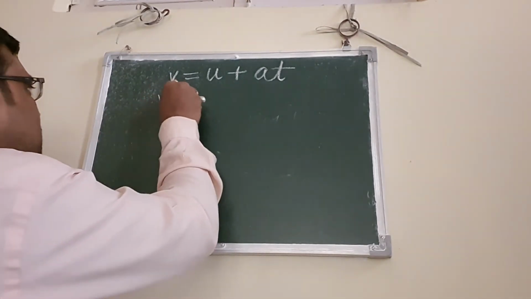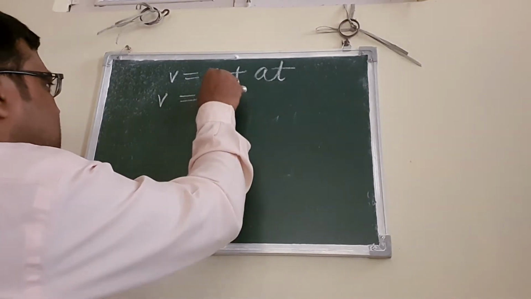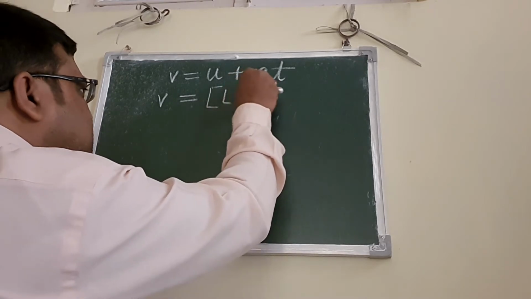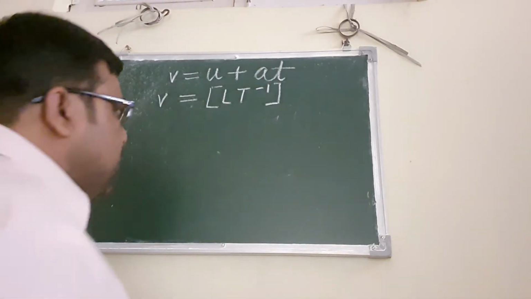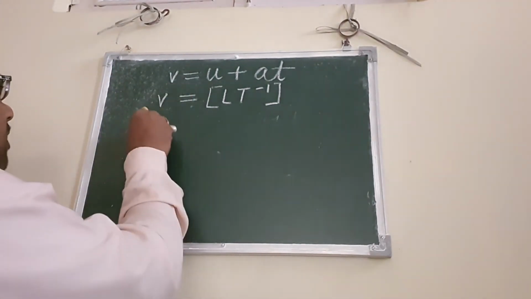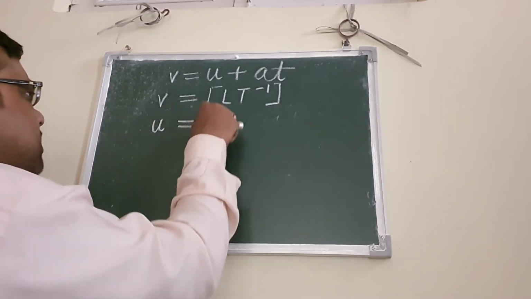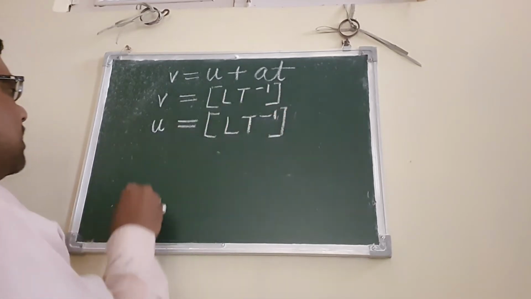The dimension of V: since it is velocity, it is meter, that is length, per second, so it is L T raised to power minus 1. So the dimension of V becomes L T raised to power minus 1. What will be the dimension of U? This is again velocity, so its dimension will be L T raised to power minus 1.